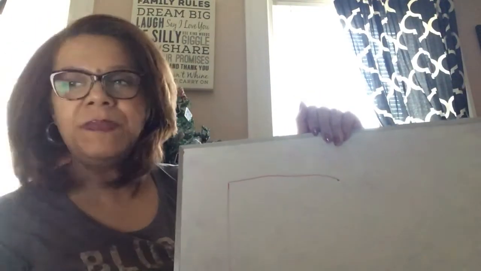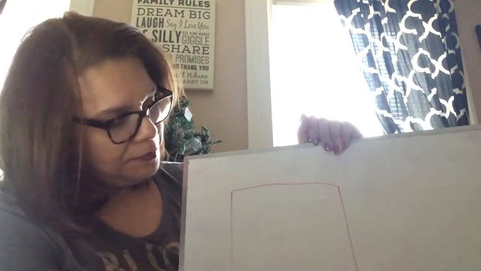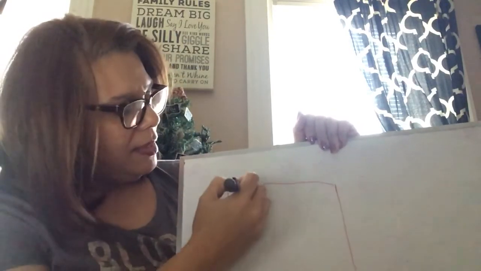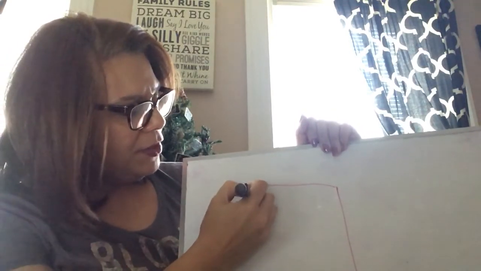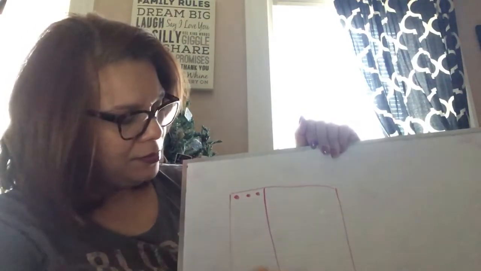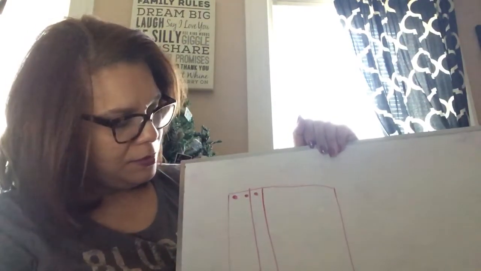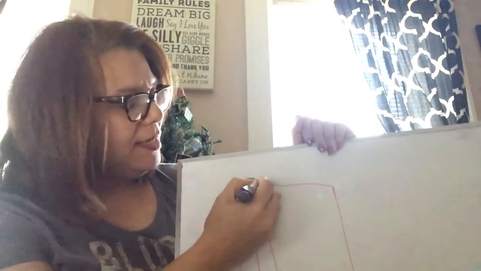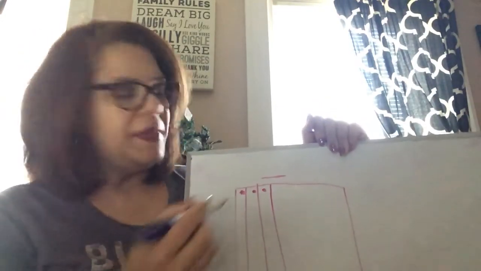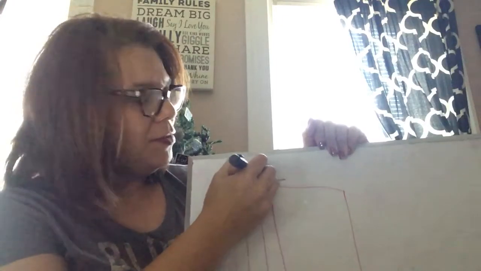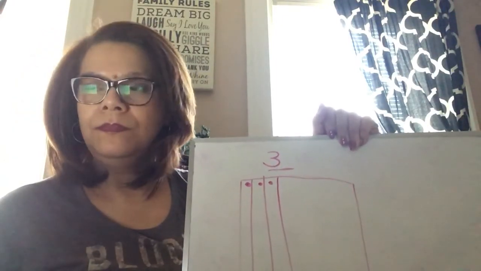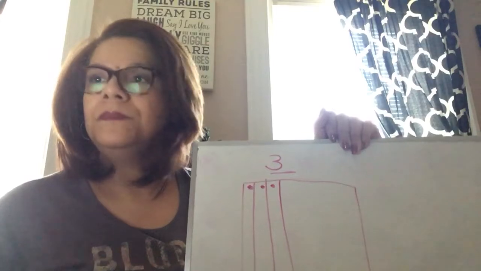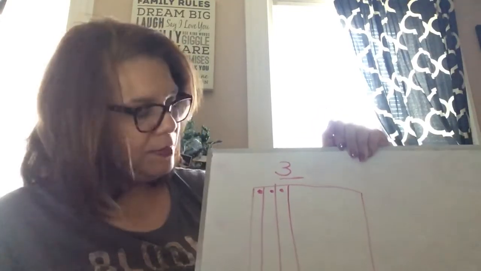Okay, so you have something like this, and the first 3 columns have been shaded in, and there's a blank space here. On the top, you're going to write 3. Do you see that? Good.